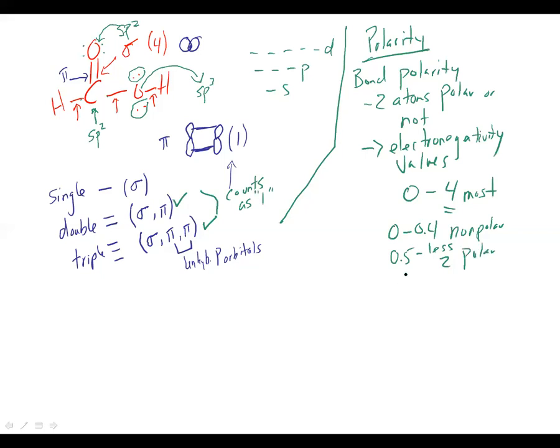And something usually above 2 is considered an ionic bond. And that's from the difference in electronegativity values. So you would find the 2 atoms basically on that chart that ran from 0 to 4, and basically subtract the 2 numbers. And again, it will give you one of these 2 guys.